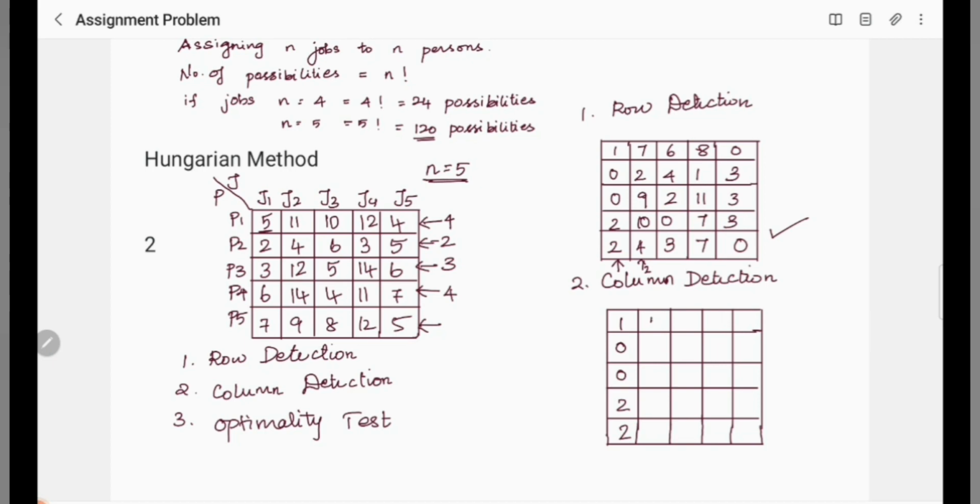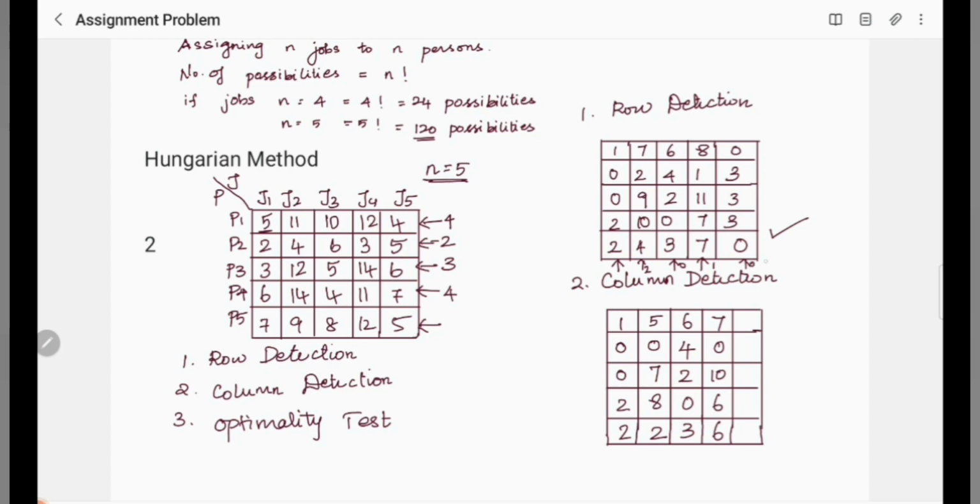So it is 5, 0, 7, 8 and 2. In the next column, we found 0, so we are just replicating all the elements in that column: 6, 4, 2, 0 and 3. In the next column, we found the minimum element to be 1. So we are subtracting that 1 from all the elements in that column. So it is 7, 0, 10, 6 and 6.